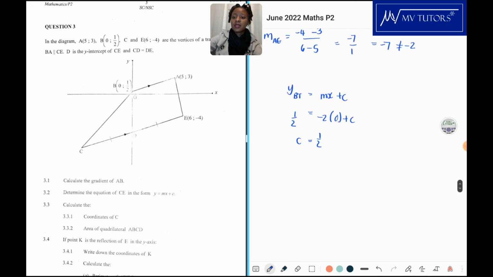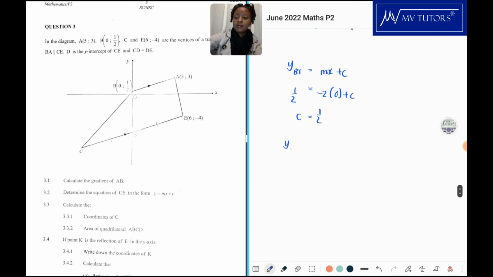Then my equation would be y = -2x plus a half. Thank you for that correction. So I have the equation of BT, and I'm going to equate it to the equation of CE so that I can get the coordinates of T.